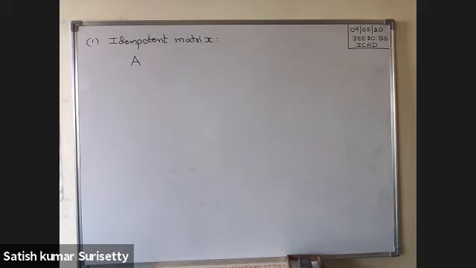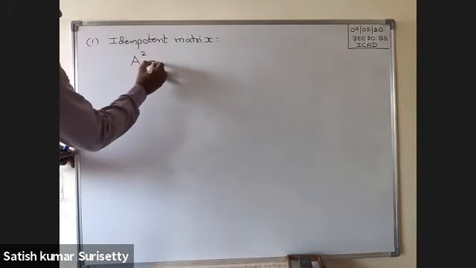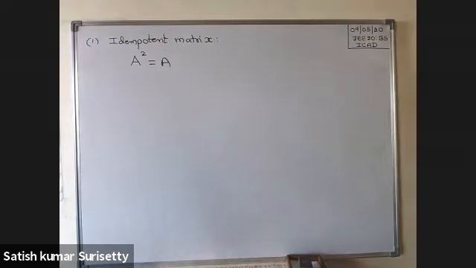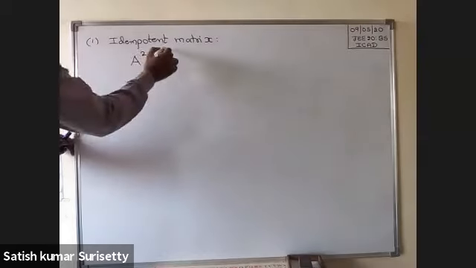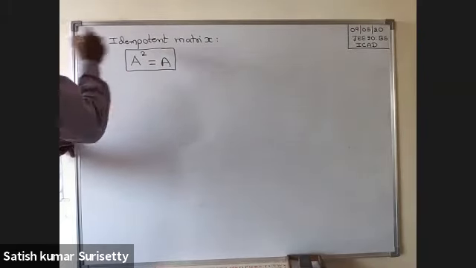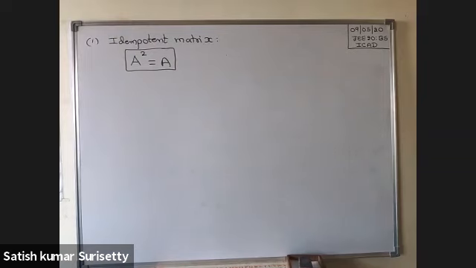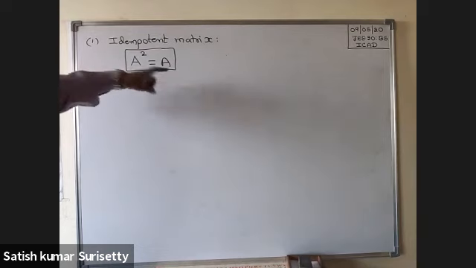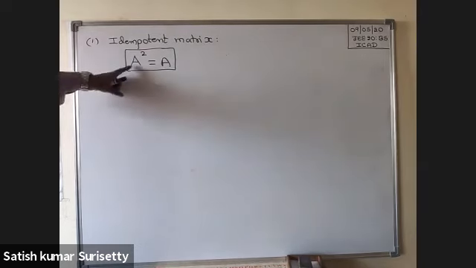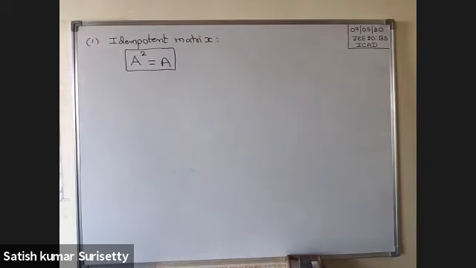A square matrix A is said to be an idempotent matrix if A square equals A. That means if I calculate the square of a square matrix, I should get the same matrix. Here A square means A into A, which you have to calculate. We'll discuss the examples after a few more.